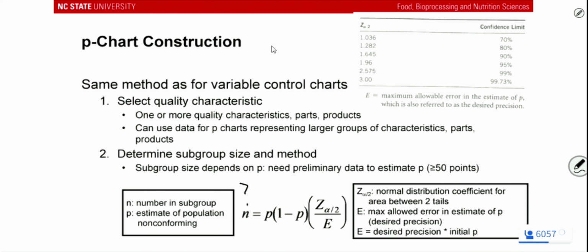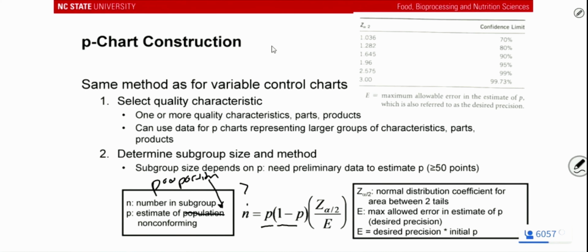And then we need to get an estimate of the p-value. I think a better word here would be proportion. What is the proportion non-conforming? We're going to simply multiply that times 1 minus p.